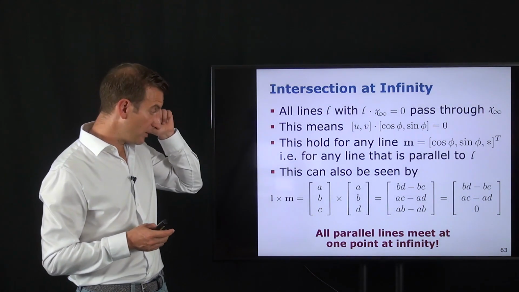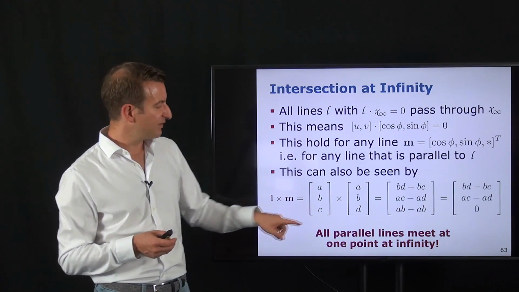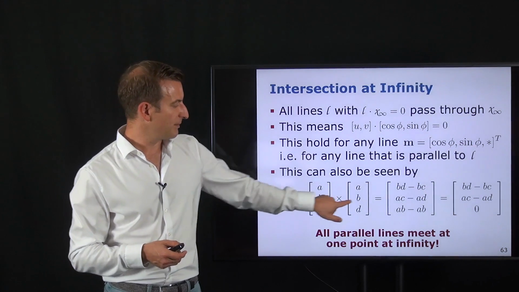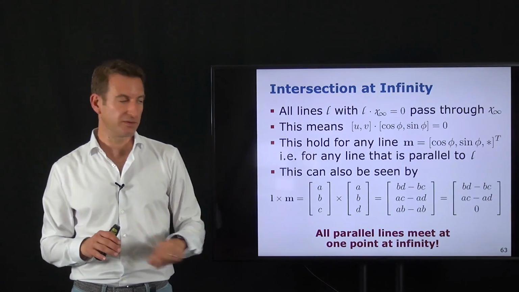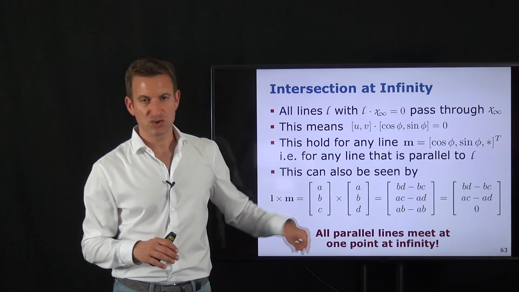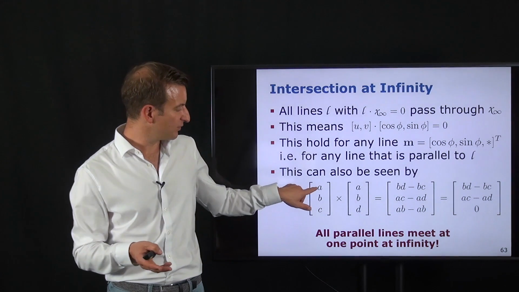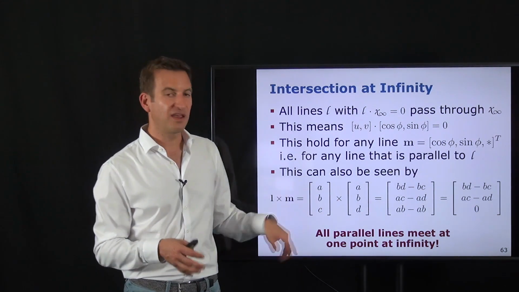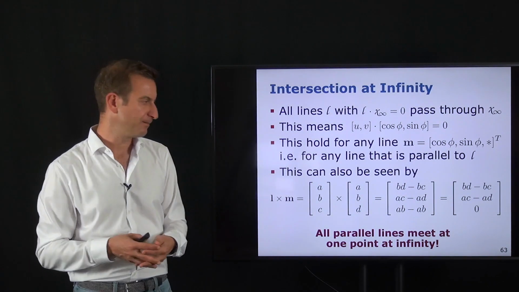So we say we have a line (A, B, C) and a second line (A, B, D). The first two dimensions are identical, but the last dimension can be different. So these are two lines which are parallel. I don't specify the direction in which they go, because I don't tell you how A and B look, but I can tell you that they are the same, so the lines must be parallel. These are two arbitrary but parallel lines.